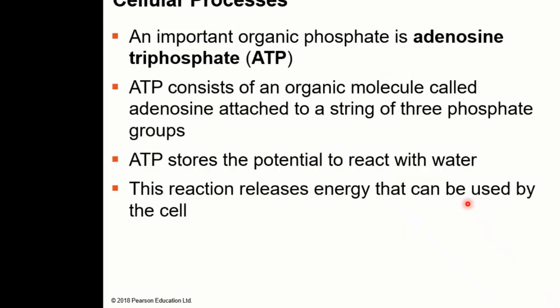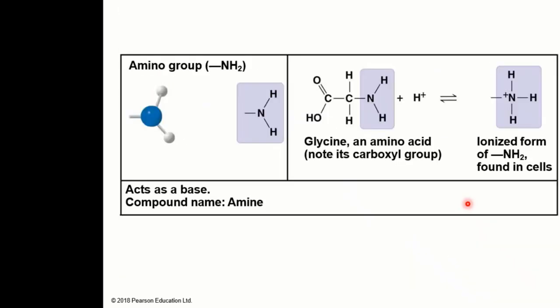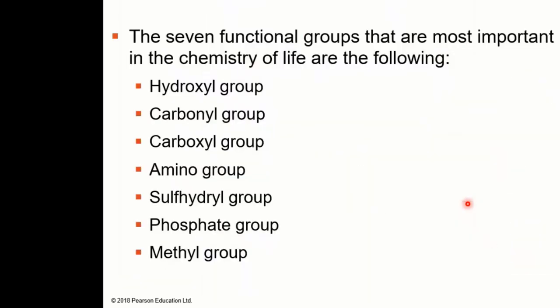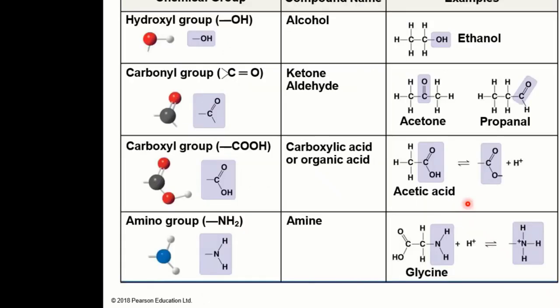The compound name is methylated compound. So the ins and outs of this is that when describing these seven groups, they may ask you to describe the chemical groups, name their examples, give their compound names, or give their functions.